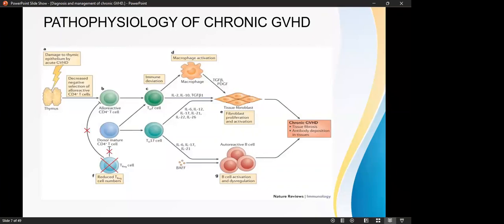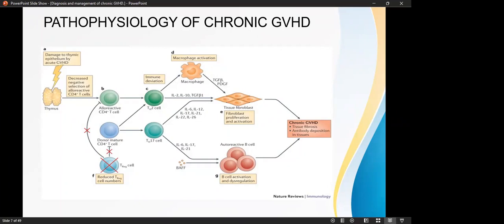Damage of thymic epithelial cells by acute GVHD and proliferation of alloreactive CD4 T lymphocytes, immune deviation of these T lymphocytes, which results in macrophage activation and tissue fibroblast proliferation, which are in the second loop.